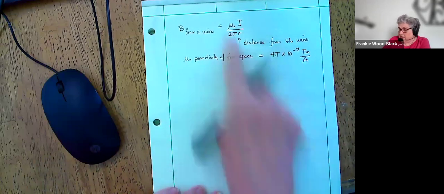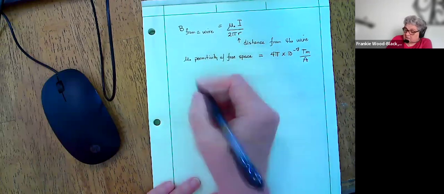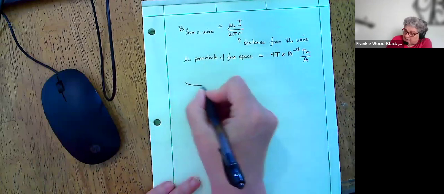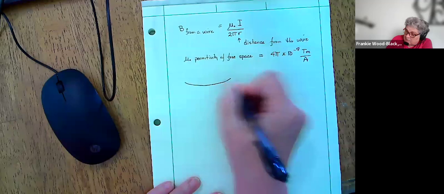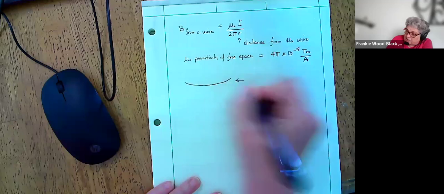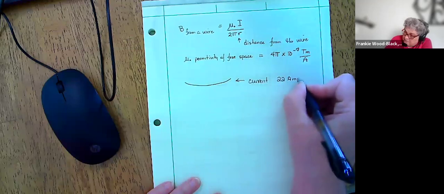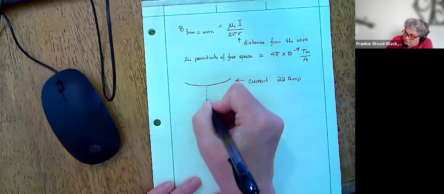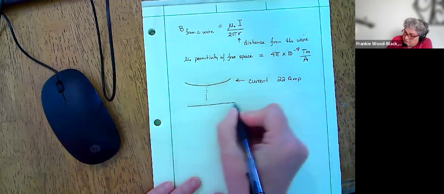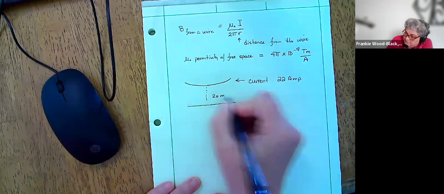So if I get this number in here, we could take that wire here, and we said that the current was 22 amps. And let's say the distance to the ground is 20 meters.